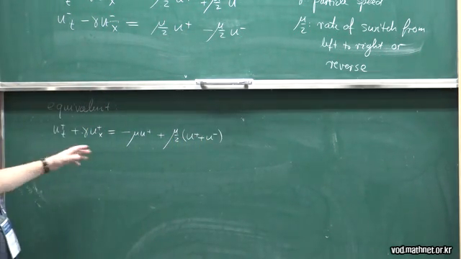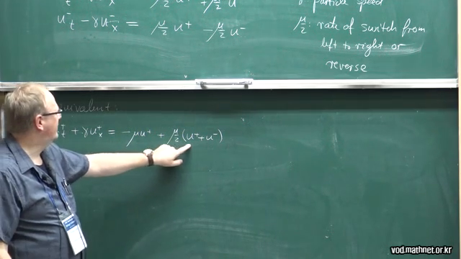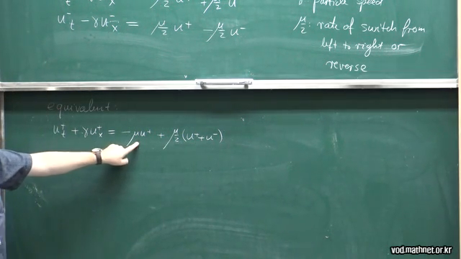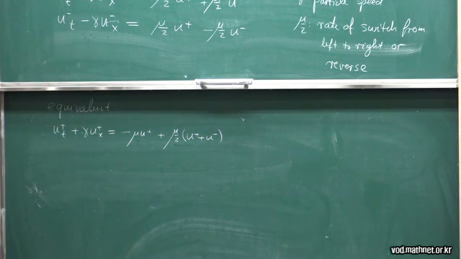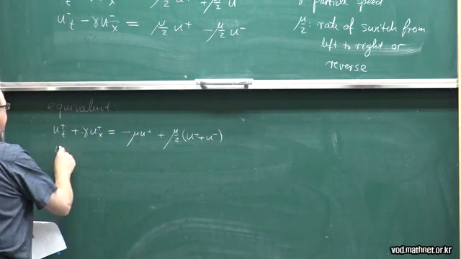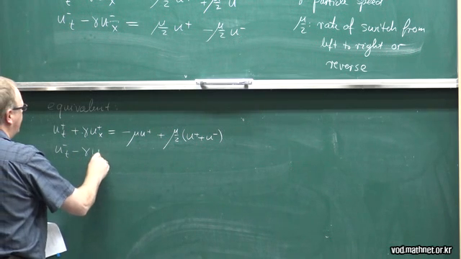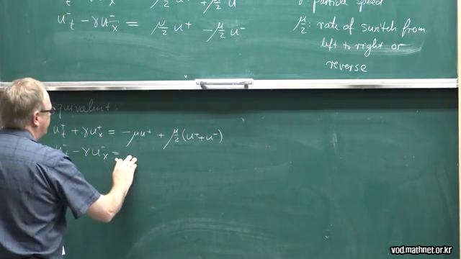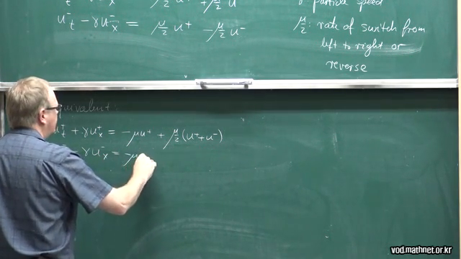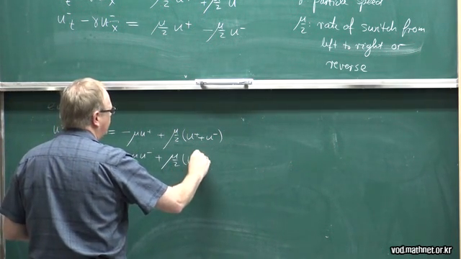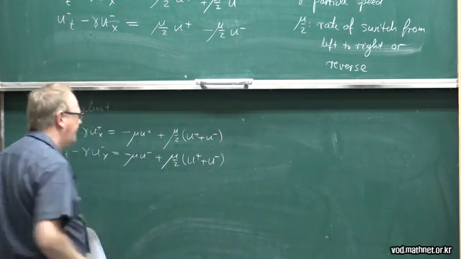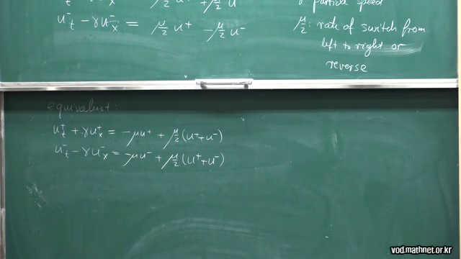So I basically took the mu half u plus, worked it in with the minus mu from here, and I get minus mu half. And in the other case, I have u minus t minus gamma u minus x equals minus mu u minus plus mu half u plus u minus. So same story.